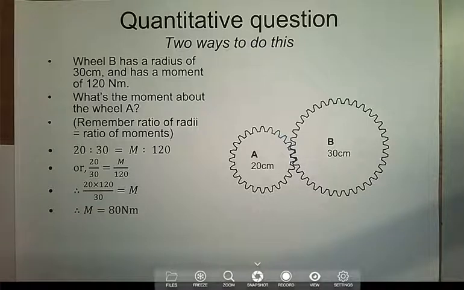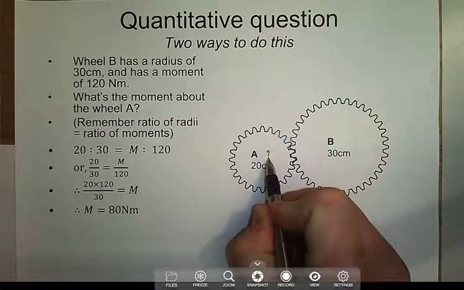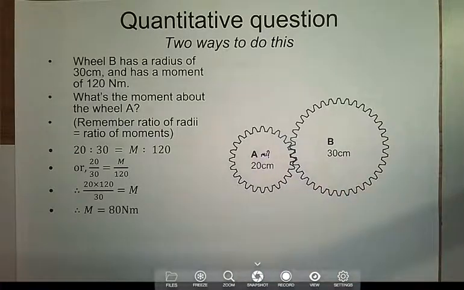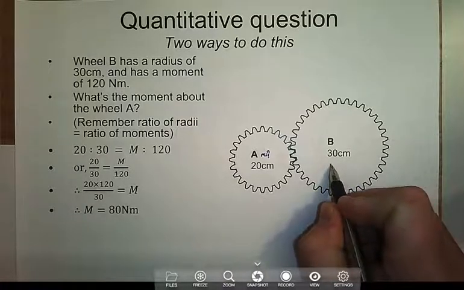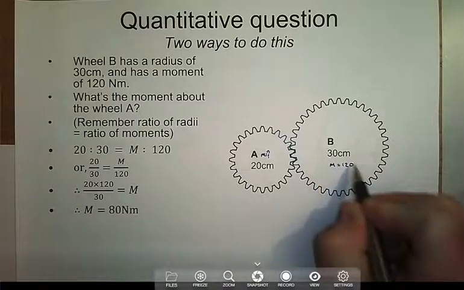Right. Let's have a look at a couple of questions. We want to know the moment around wheel A. So this is our question. We don't know the moment, but we do know the moment here equals 120.